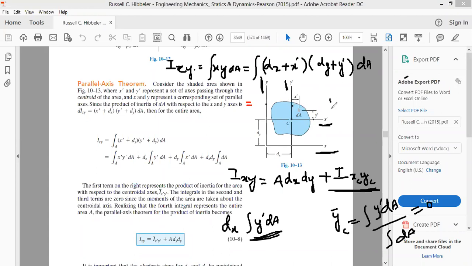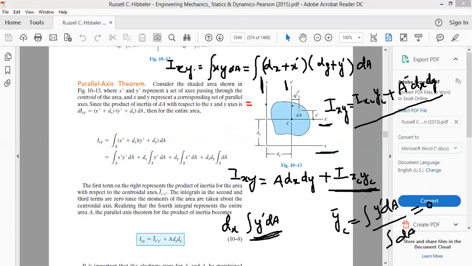That is, the product of inertia about the xy system is equal to the product of inertia about the centroidal x and centroidal y axes, plus area times the distance between the axes, that is dx into dy. This is called the parallel axis theorem for the product of inertia.